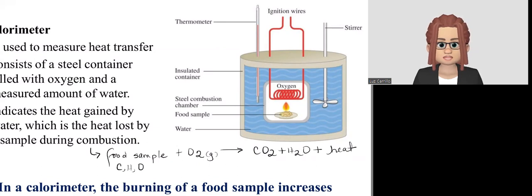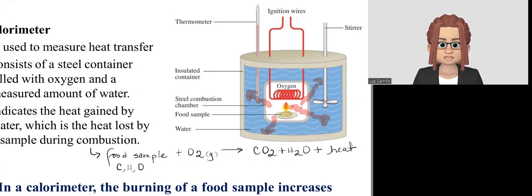We can observe that this heat is illustrated here by the flame. When that heat is released, shown by the squiggly lines I'm drawing from the steel combustion chamber into the water, it is measured by utilizing a thermometer.